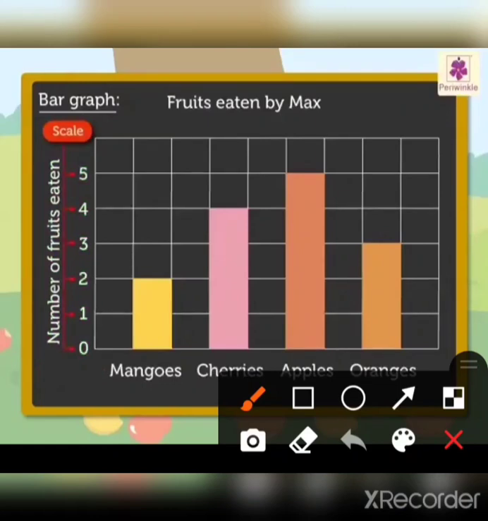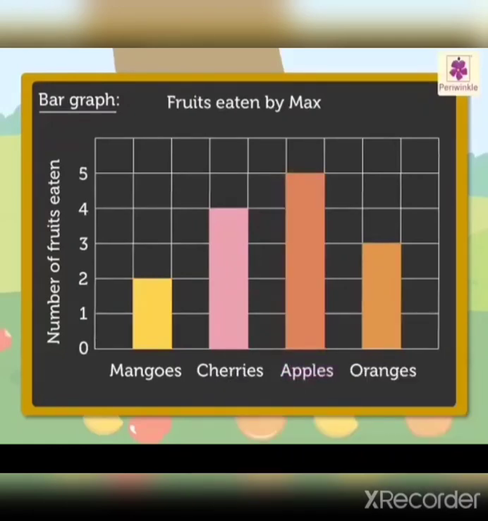The scale we are using here is 1 unit equal to 1: 0 to 1, 2, 3, 4 and 5. So mangoes eaten by Max is equal to 2, cherries eaten by Max is equal to 4, apples eaten by Max is equal to 5 and oranges eaten by Max is equal to 3. So in the bar graph we can easily understand and represent our data.